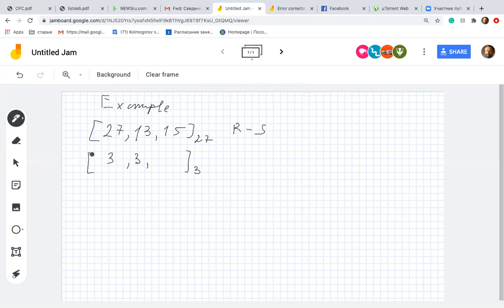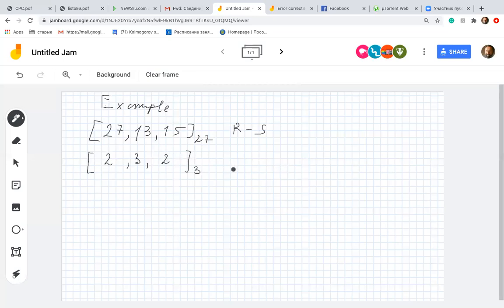Okay, let's use another code, say instead of 3 here, 2. I think that we have such a code, 2, 3, 2.